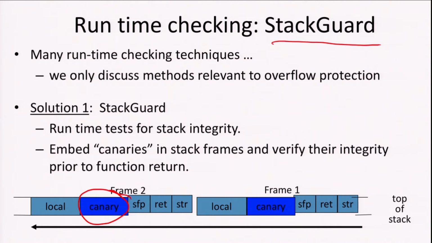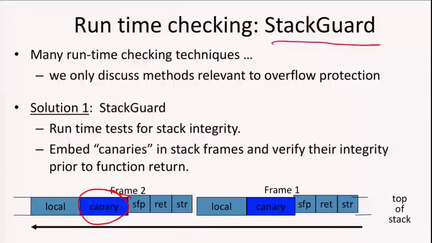Canaries are like putting sand at the threshold of your door: anybody who enters your room has to go through this threshold and leave a footprint in the sand. That's the idea: if there is an overflow, it has to overwrite the canary first before it can overwrite the return address or the frame pointer and so on.